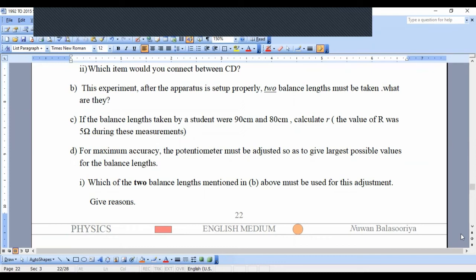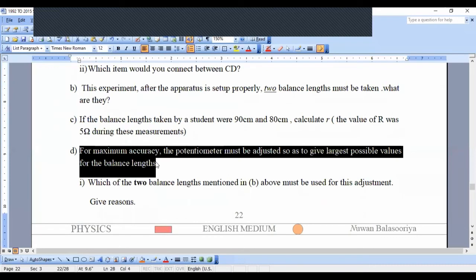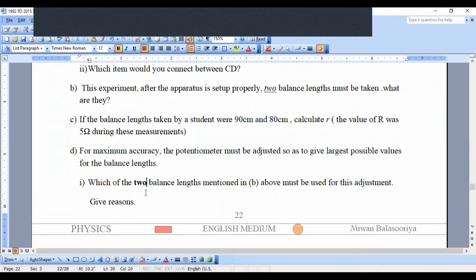Okay. So this is the question that we are going to answer. Part D. For maximum accuracy, the potentiometer must be adjusted so that it gives the largest possible values for the balance lengths. So we must do some adjustments to increase both L1 and L2.